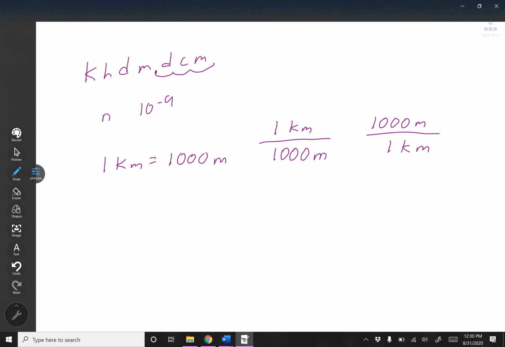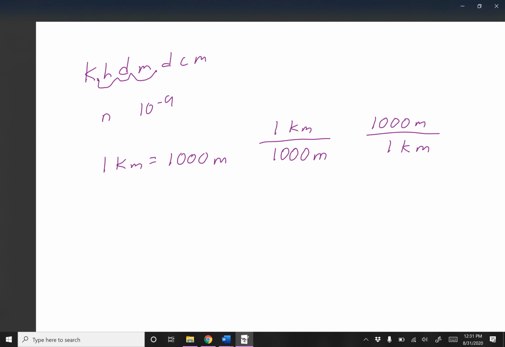The only thing that changes is its use. All 3 of these are telling me the exact same information, and it's the same information that I would get from moving my decimal. If I move it 1, 2, 3, going from meters to kilometers, which you may have done before, we know that would be either reducing by 1,000 or increasing by 1,000. So it's all the same information.